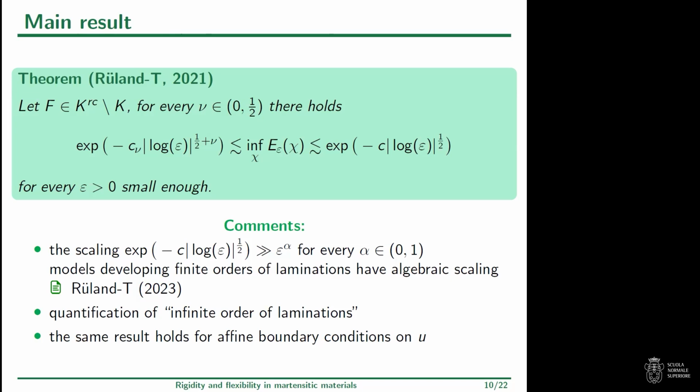Everything is presented for the periodic boundary condition, but everything also works in this case for affine boundary conditions, because the lamination is so complicated. From now on, I will try to give sketches of the proof of the upper and lower bounds.